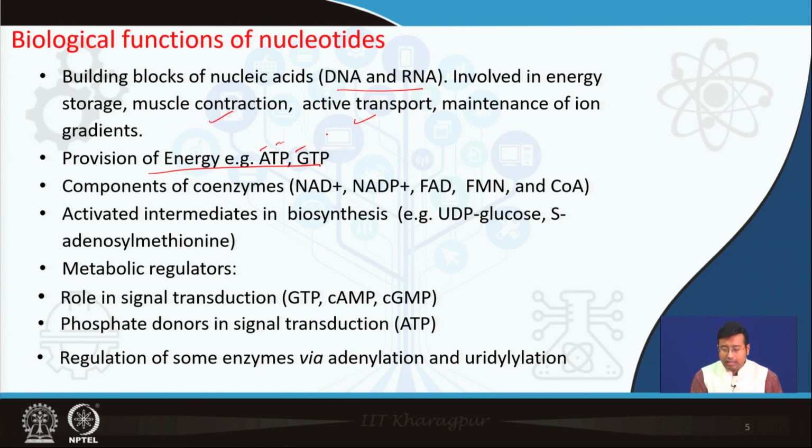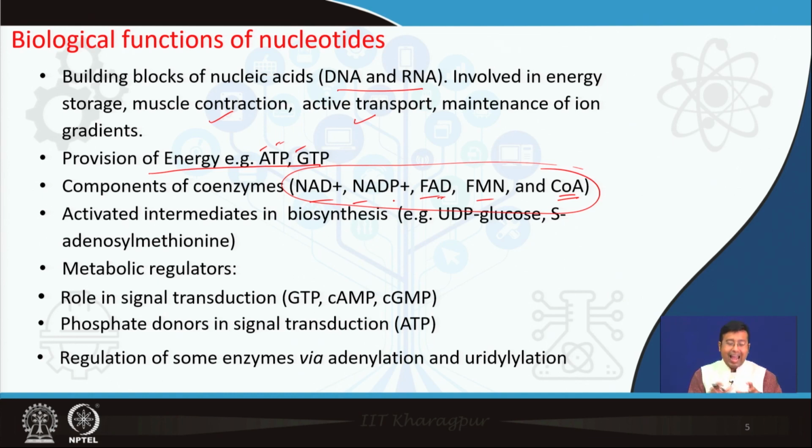Again we have come across these names: NAD, NADH, FAD, FMN. Nicotinamide adenine dinucleotide phosphate, flavin adenine dinucleotide, flavin mononucleotide, and even coenzyme A also contains adenosine. You have come across these names multiple times, and all of these have nucleotides as the main players.